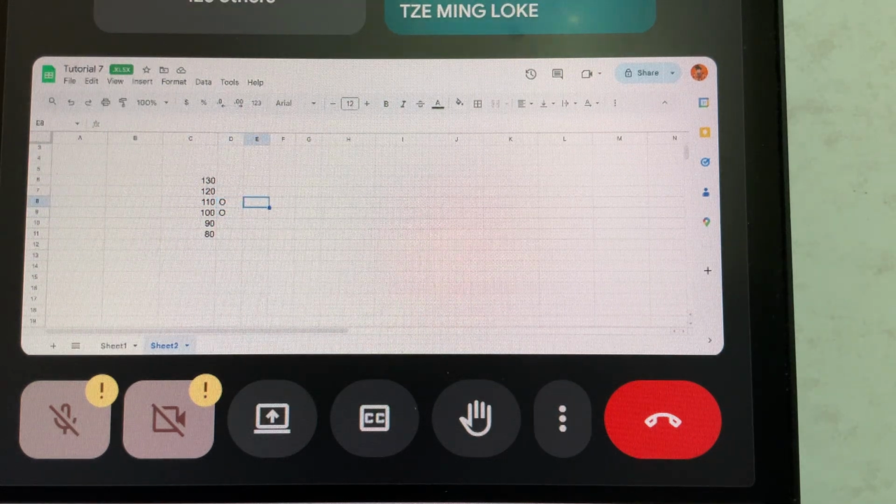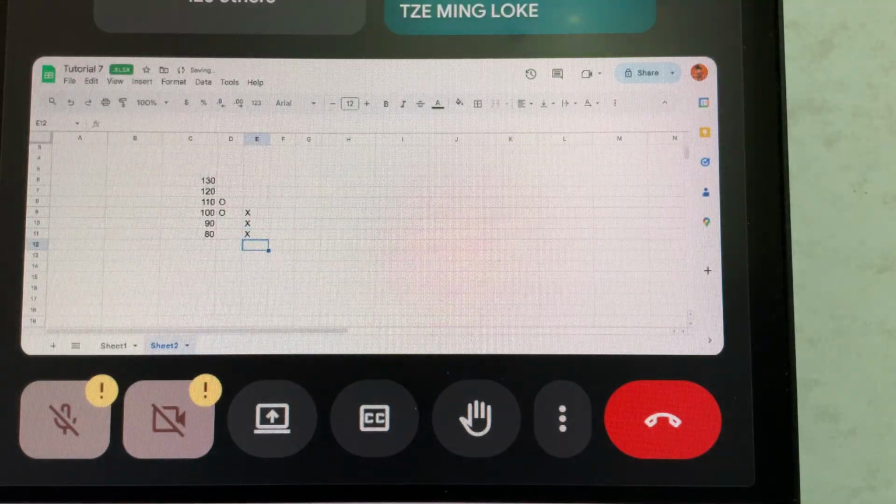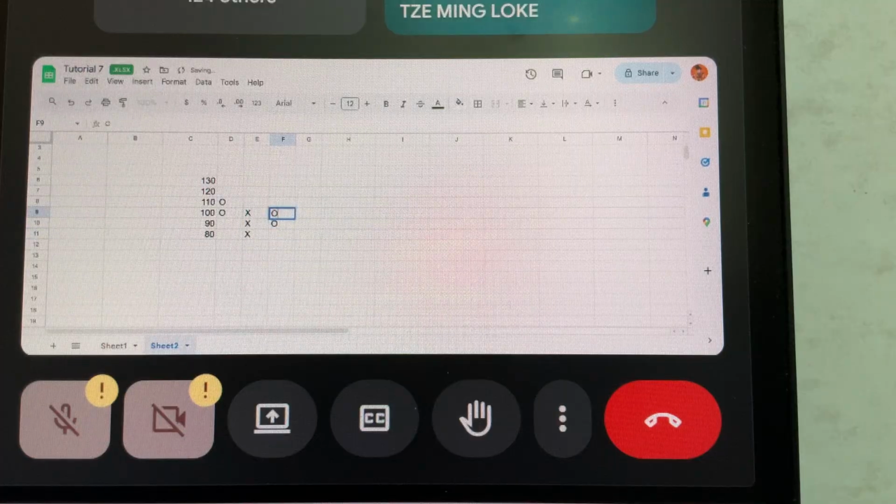If it goes down from 110, the next level will be either up to 120 or down to 100. If it goes down to 100, then you put it there. And then after that, maybe it goes down to 80, then it turns back to 90.